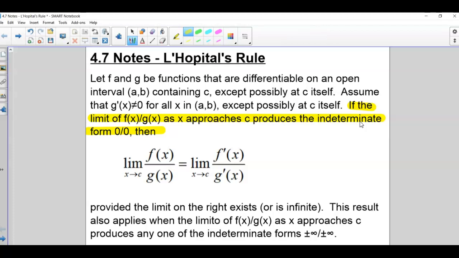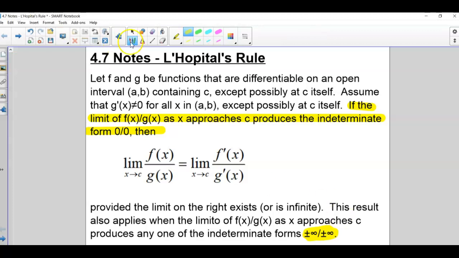So you may want to pay attention down here. Not only are we talking about 0 over 0, but infinity over infinity or negative infinity over negative infinity. So L'Hopital's rule does not apply if you do not get the indeterminate form when you use direct substitution.